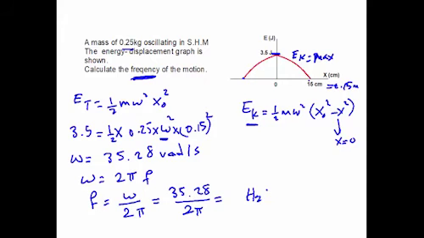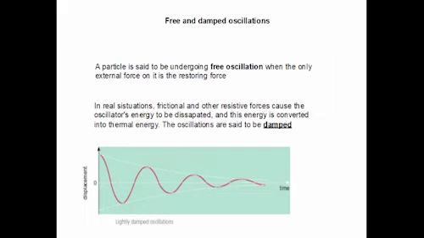Now we will go to free and damped oscillations. A particle is said to be in free oscillation when the only external force on it is the restoring force.